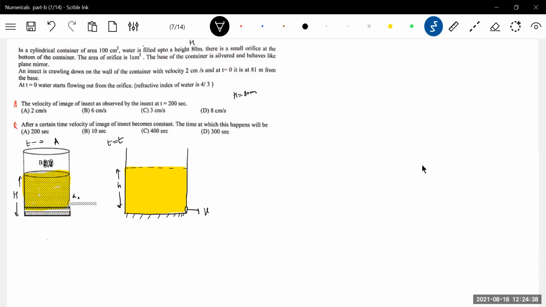All this will be part of memory. You should know the time taken for the level of the liquid to reach a level h. If you know that T in terms of small h, capital A and small a naught, this problem is very easy. Or else you have to go back to what you have learnt.